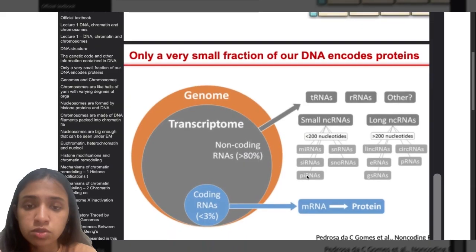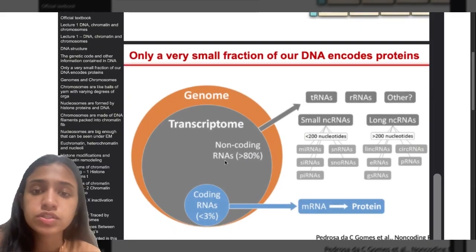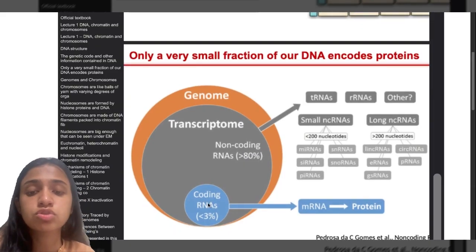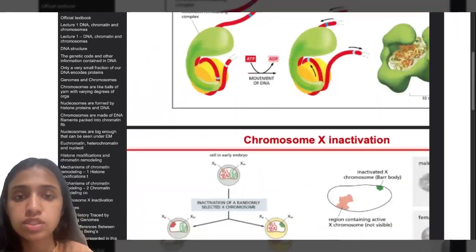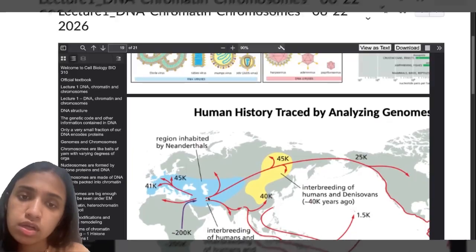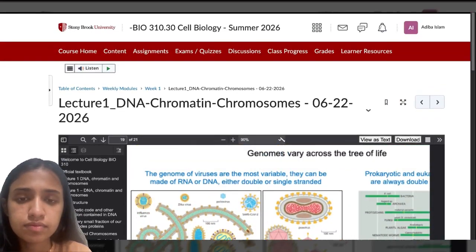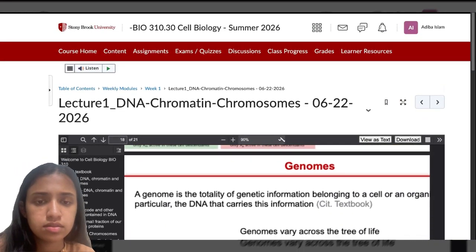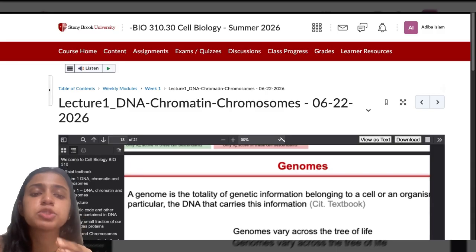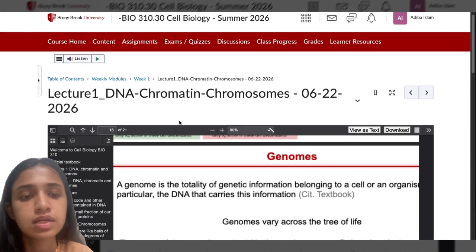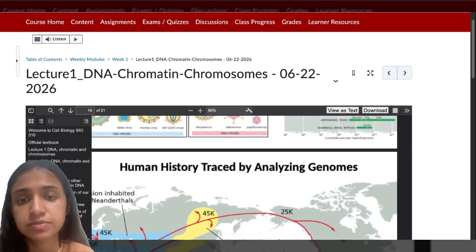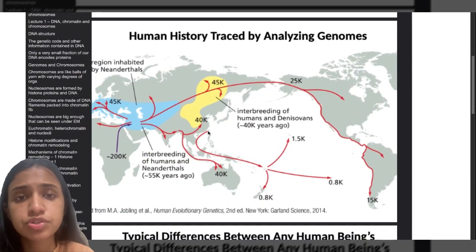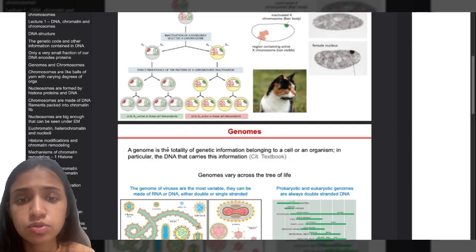And within the genome, there's the transcriptome, there's coding RNAs, there's non-coding RNAs. So the genome is essentially the totality of the genes rather than just parts of a gene. The totality of genetic information belonging to a cell or an organism, in particular the DNA that carries this information.